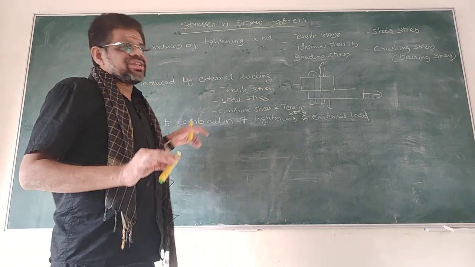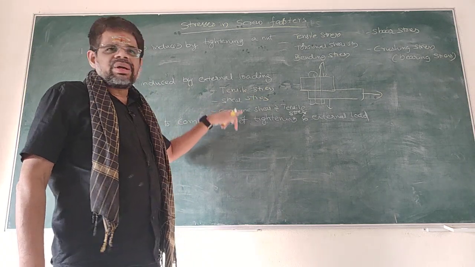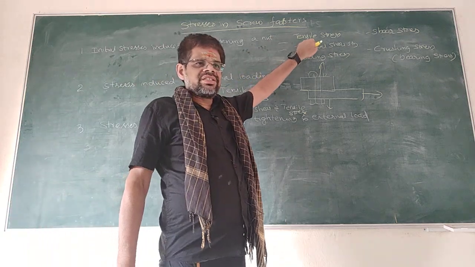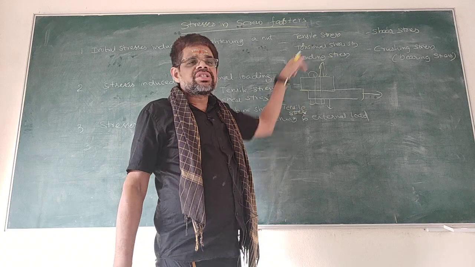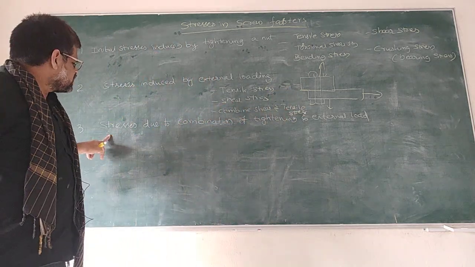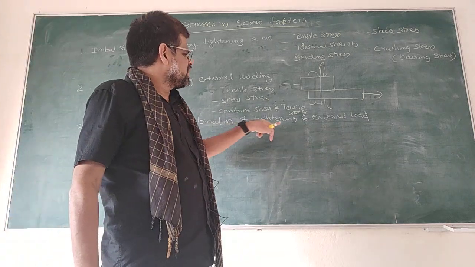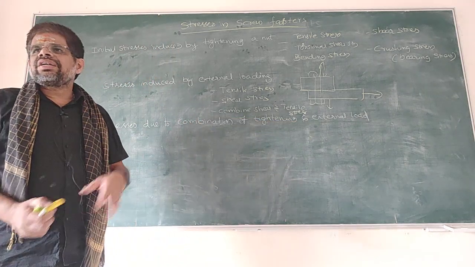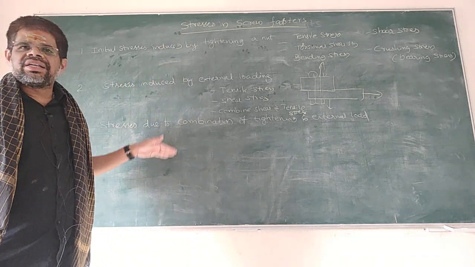But when you apply external load also, these stresses are developed. Then this stress plus this stress, the sum of these two stresses, may lead to failure of the component. So that is the third case, stresses due to combination of tightening and external load. A bolted joint may fail due to any one of the three conditions.